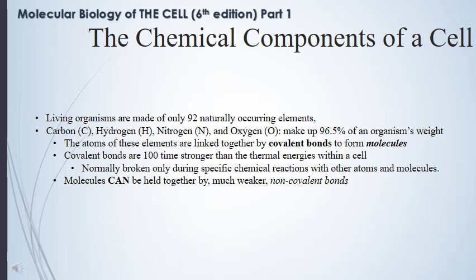The covalent bonds in biological systems are hundreds of times stronger than the thermal energy within a cell. So the covalent bonds in the molecules in cells cannot really spontaneously break. And they are broken only in very specific cases, only during specific chemical reactions that involve other atoms and other molecules.